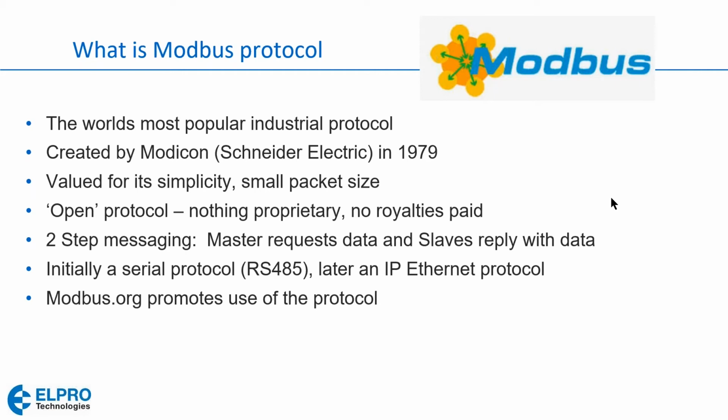So there's just simply two transactions that take place, and that means that there's very minimal overhead or minimal bandwidth required. Initially, it was an RS-232 protocol, and later on they developed Modbus TCP, whereby they essentially took the Modbus RTU messages, wrapped them in an IP Ethernet packet, and now they can send it over Ethernet networks.